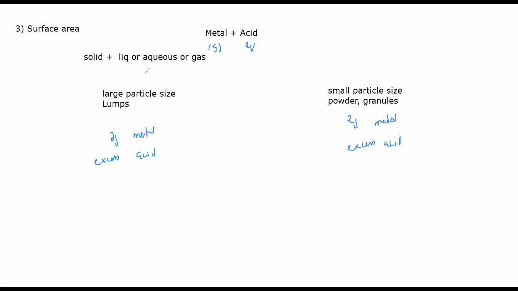But in the first one, we have a large particle size. For example, we have a lump of the metal. So this is a lump of the metal, and the particles which are exposed to the surface can only react.